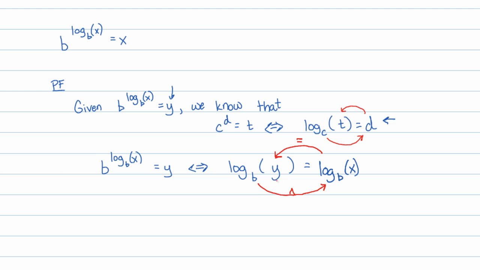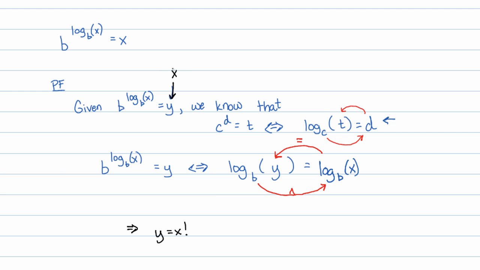Okay. Now that we have log base b of y is equal to log base b of x, it's pretty apparent that, since the logarithm base b of y equals the logarithm base b of x, that's got to imply that y must equal x. Or in other words, way back in the beginning, when I said we're just going to assume that b raised to the log base b of x is equal to something, but we don't know what, we now know what it equals.